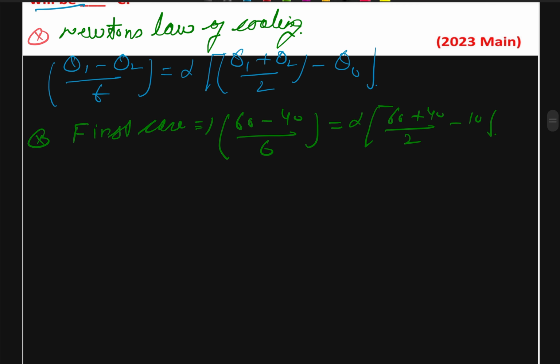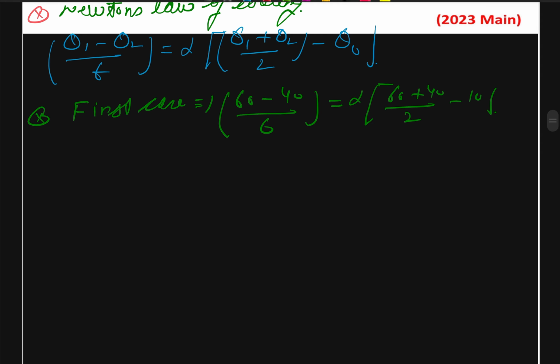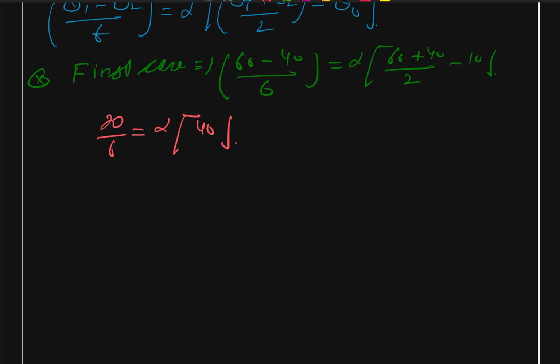Yeah, they both have 6 minutes. So we are going to get 20 by 6 is equal to alpha, and 50 minus 10 will be equal to 40. Okay, let's keep it like this only.